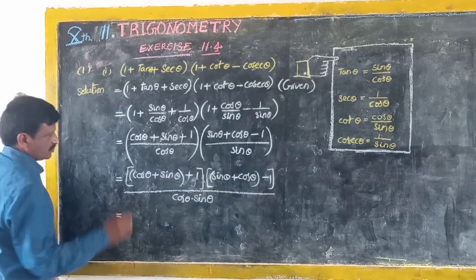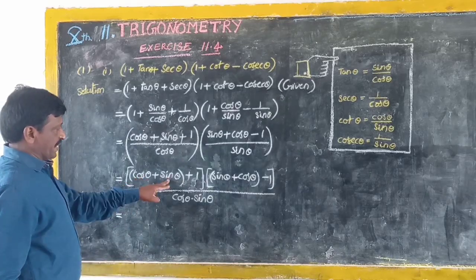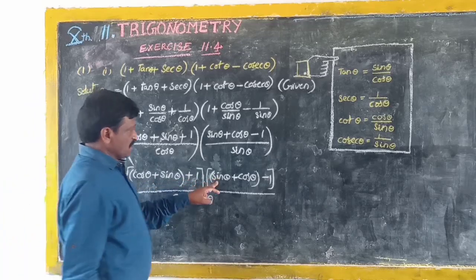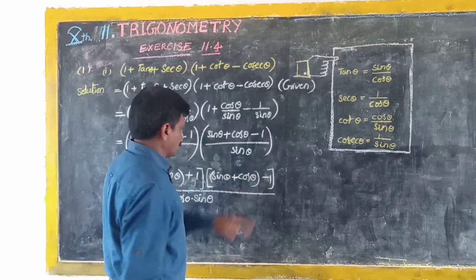Now cos theta plus sin theta plus 1, sin theta plus cos theta minus 1.